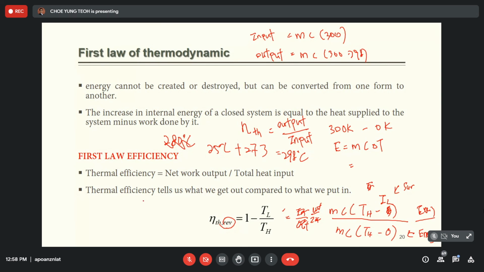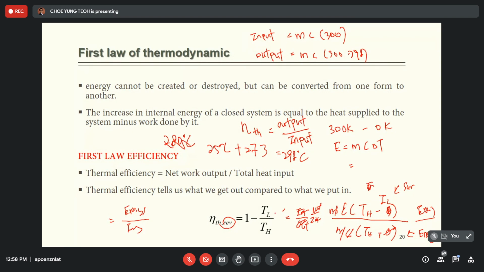So the thermal efficiency at reversible process can also be expressed as exergy over energy. You can see that I can just rearrange the equation to get 1 minus TL over TH. M and C are actually the same, and the T hot terms cancel, so it becomes 1 minus TL over TH.